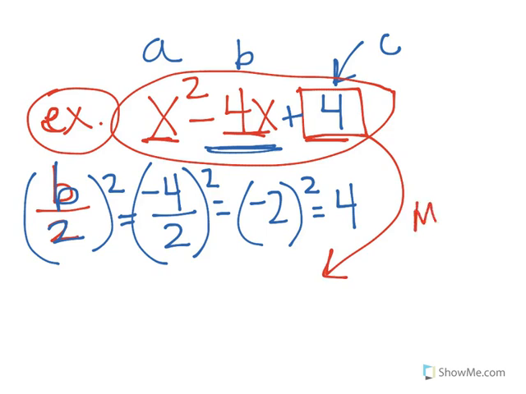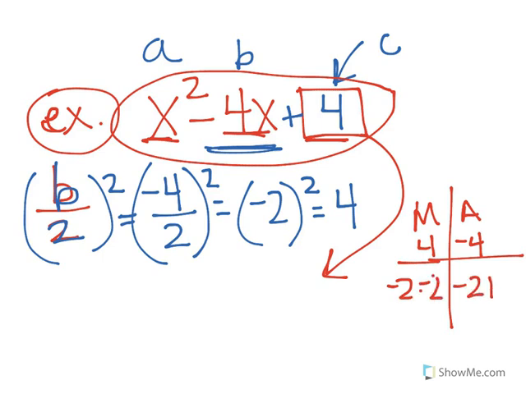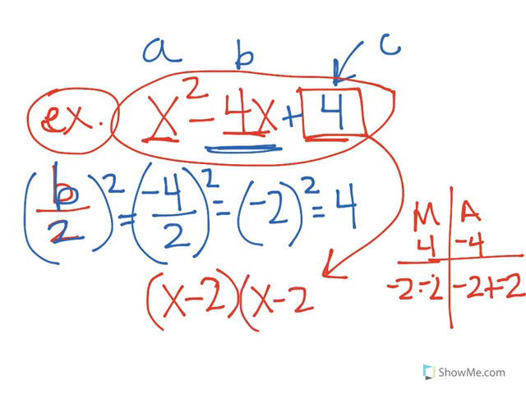So you need something that multiplies to be 4, but then adds to be negative 4. So two numbers that do that are going to be a negative 2 times a negative 2, or a negative 2 plus negative 2. Okay, so your factors for this are going to be x minus 2 and x minus 2.